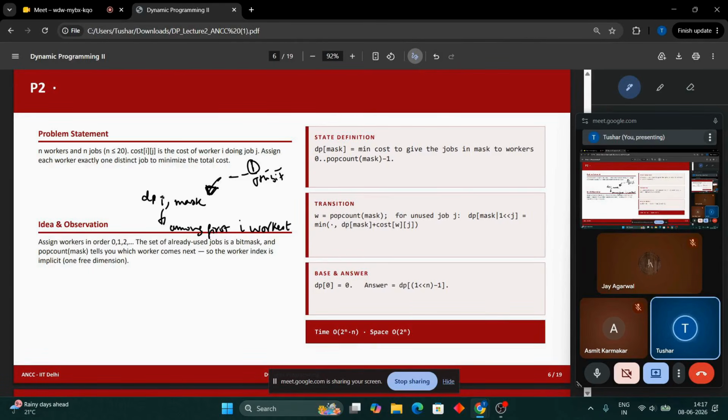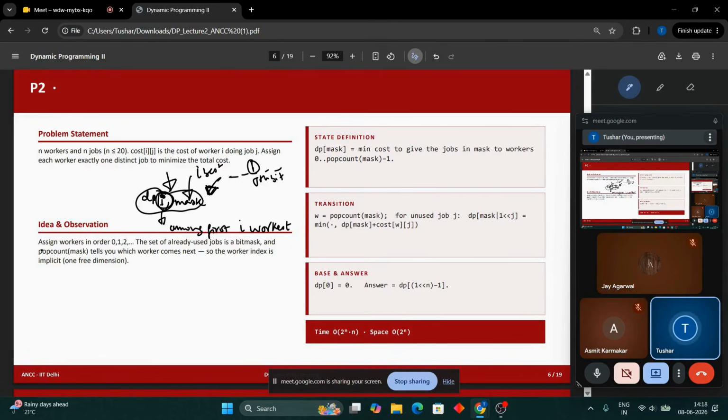If we were to talk about some space optimization here, we do not need to store this information regarding i, since if we have i bits set in this mask, it must be the case that i workers have been assigned jobs. So this is just an implicit dimension.